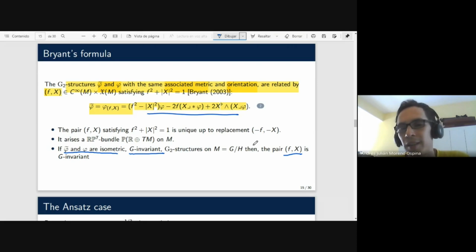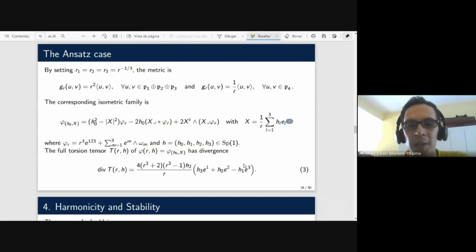So that is what we did for the case of a particular metric. We call it the ansatz case. We consider this particular metric, which is given by just one parameter.